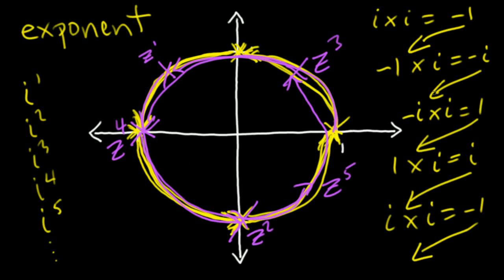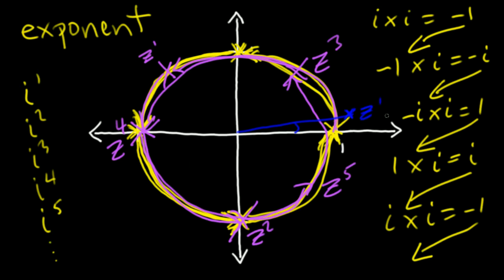And we could choose numbers that aren't even on the unit circle. If we chose a number, say, right here, the next number would have this amount of angle more than where we started from.